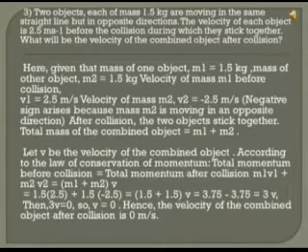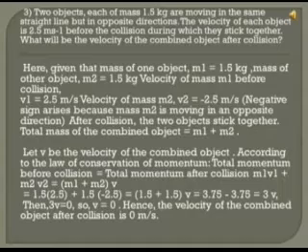Here given that mass of one object m1 is equal to 1.5 kg, mass of other object m2 is equal to 1.5 kg. Velocity of mass m1 before the collision v1 is equal to 2.5 meter per second, and velocity of mass m2, v2, is equal to minus 2.5 meter per second. Negative sign indicates that mass m2 is moving in an opposite direction.